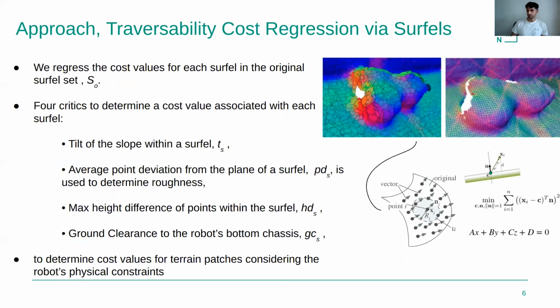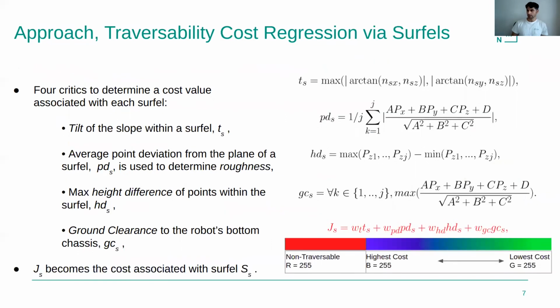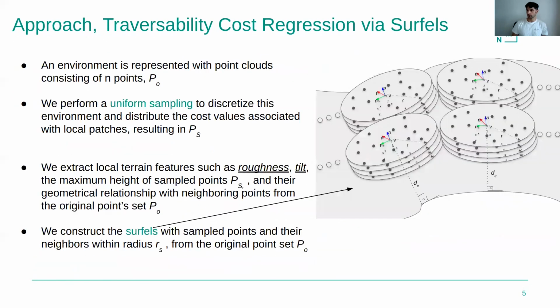And we have 4 critics. As I mentioned, there is tilt of the slope, there is roughness and maximum height difference in the neighboring points, and also ground clearance of the robot. These 4 critics determine the traversability costs of that specific region. And these features are all computed using the neighboring points of the surface.